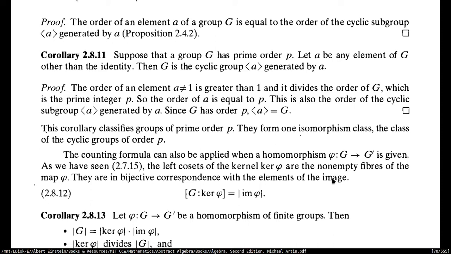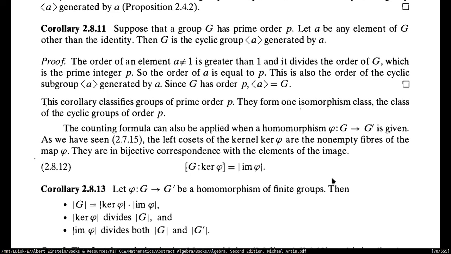And that makes sense because your fibers, the preimages, are in bijective correspondence, so you have the one-to-one correspondence to the image. So its index is going to be equal to the order of the image of the homomorphism.